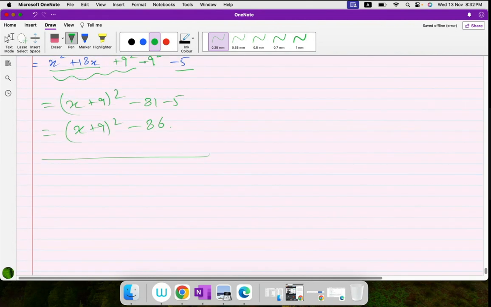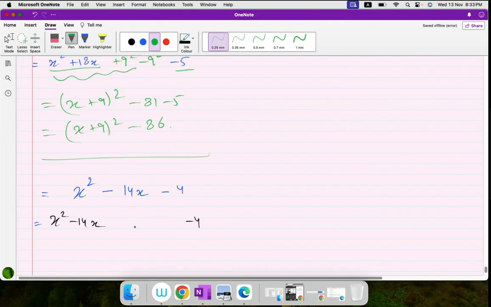Let's try this. x squared minus 14x minus 4. That is the first number, x squared, and then 14x. The last one is minus 4.